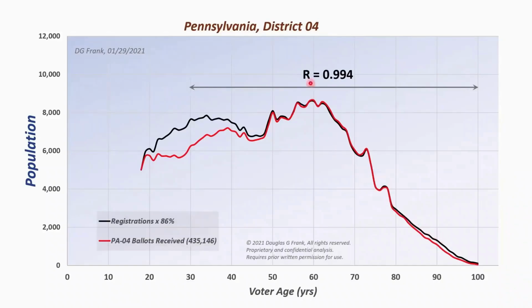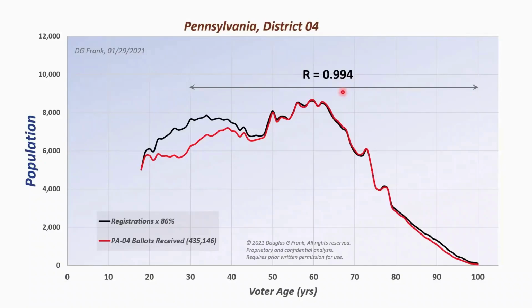There's a number called the correlation coefficient, R. If R equals 1.000, that's a perfect correlation. That means one set of data predicts another perfectly. And 0.994 is ridiculously close to 1.00.